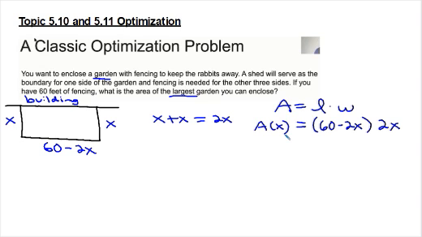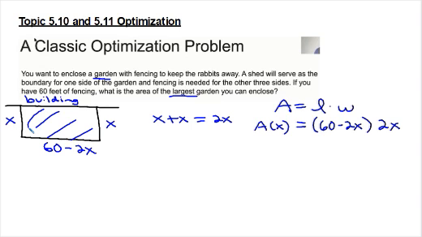And that function is representing the area of this in here. We want the biggest one that we can get. So this is just a maximum and minimum problem, an extrema problem like we've been working on.